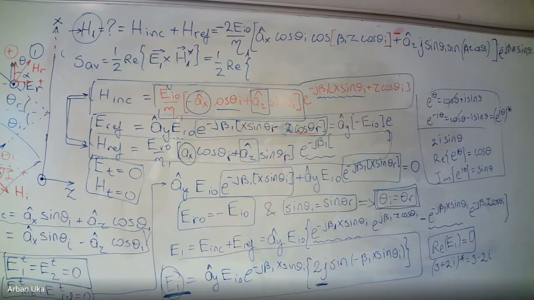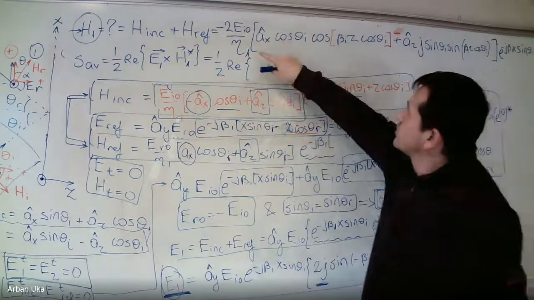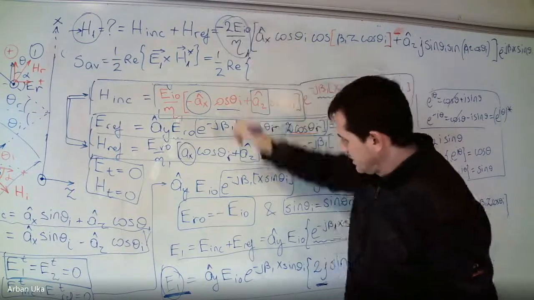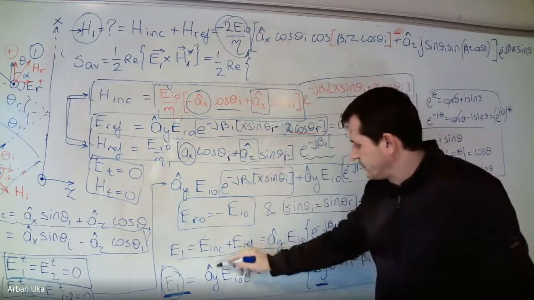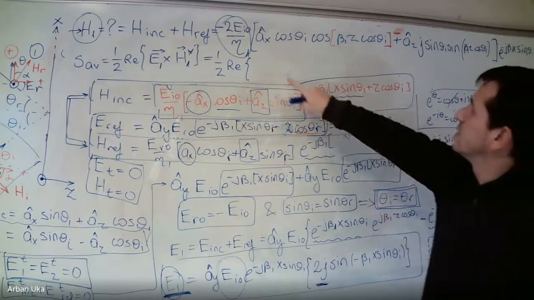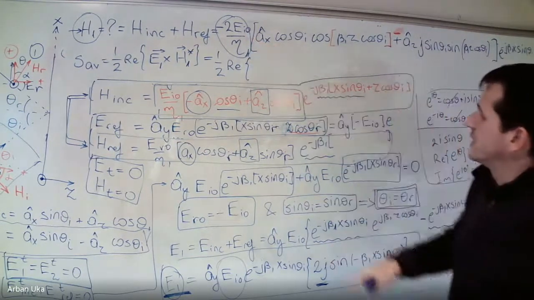If we multiply all of these terms, we should not forget the amplitude of this term with this term, so we always have the term E I0 squared.